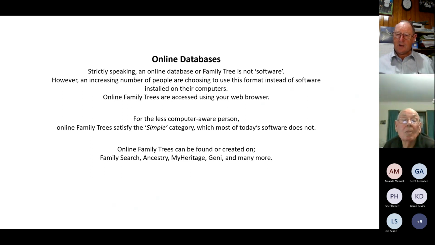Online family trees are accessed using a web browser. For the less computer-aware person, online family trees satisfy the simple category, which most of today's software does not. Online family trees can be found or created on, for example, Family Search, Ancestry, MyHeritage, Genie, and many more.